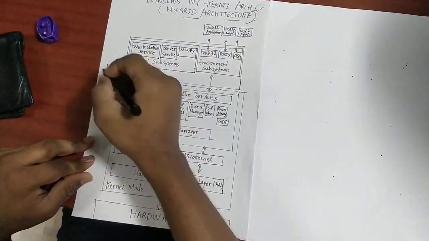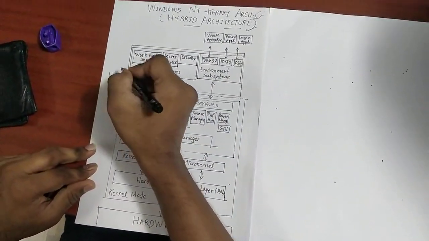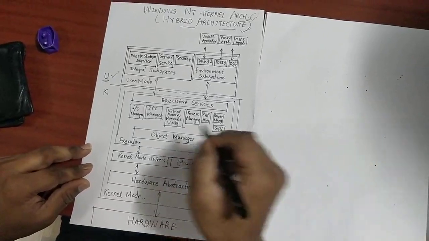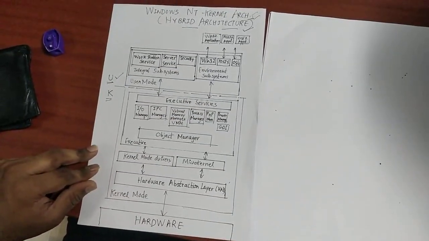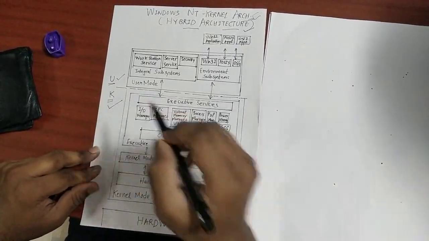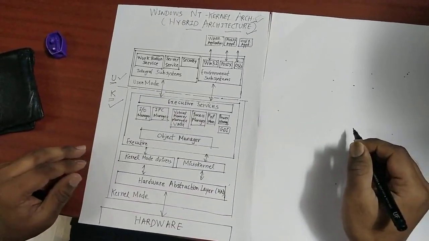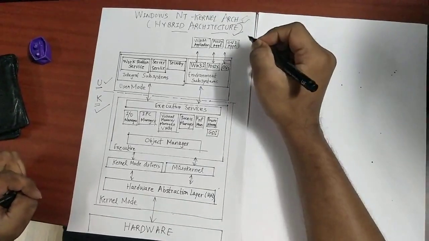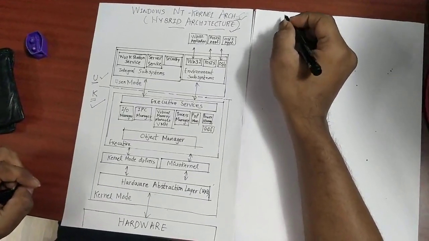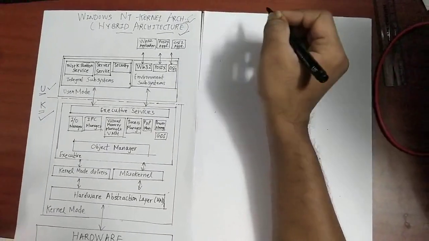This indicates user space or user mode, and this big box indicates kernel space, or we can say kernel mode. As we know, any operating system has two modes to operate. One is user mode and one is kernel mode.